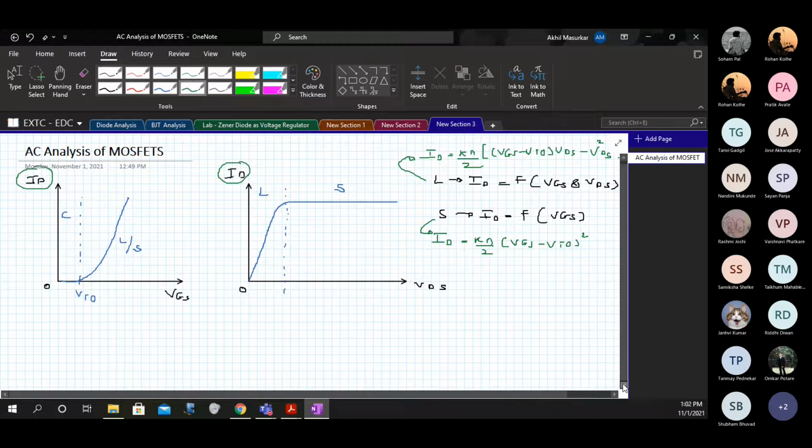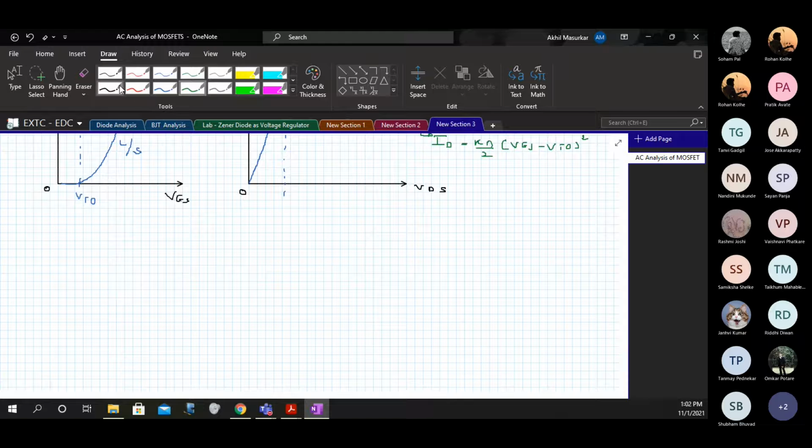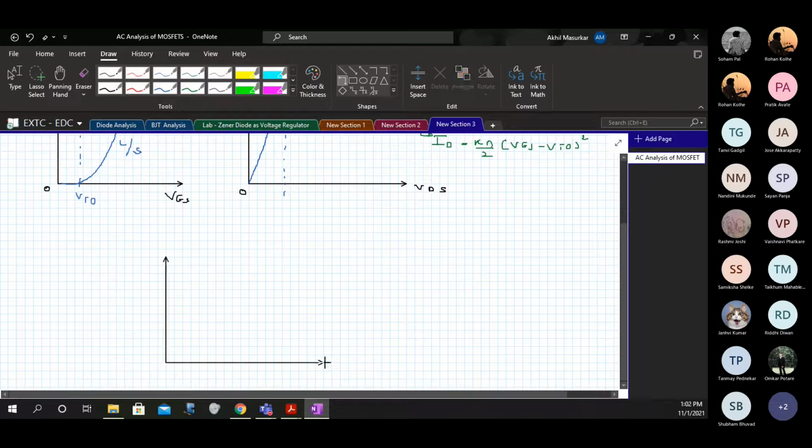Now to understand the AC model of the MOSFET, what I am doing is, I am doing like this. See here. The x-axis I will keep as VGS, and the y-axis I will keep as VDS.